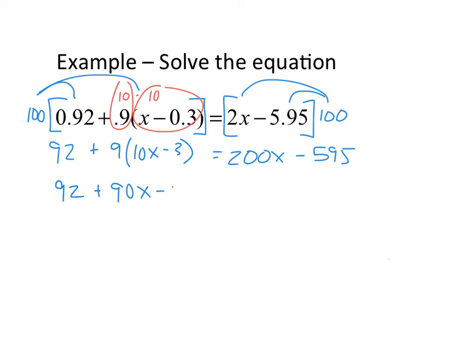So if we continue on and distribute and then collect our like terms, we're maybe a little bit more confident now in our calculations when they don't involve decimals.